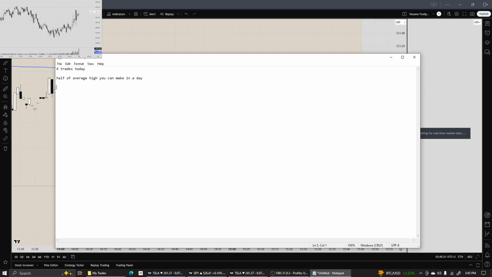So if I can make $40 each day, I will limit my losses to 20. Maybe I can make 60, maybe I can make 80, but I feel confident that no matter what happens, I can make like 40, 50. So 20 to $25.